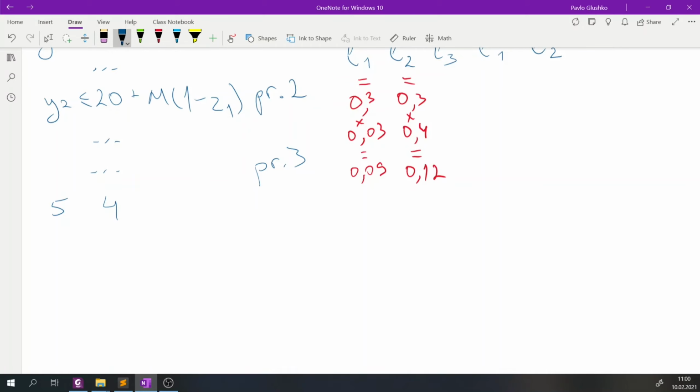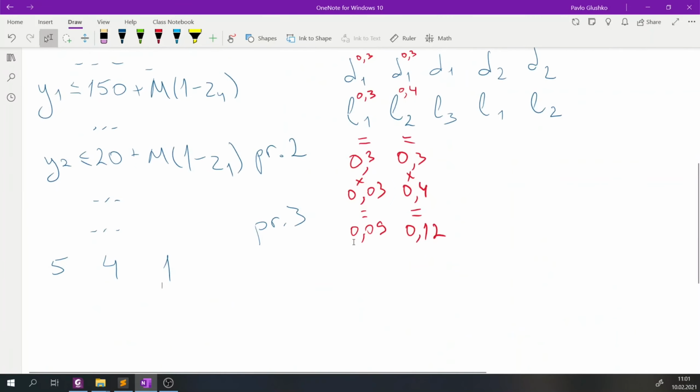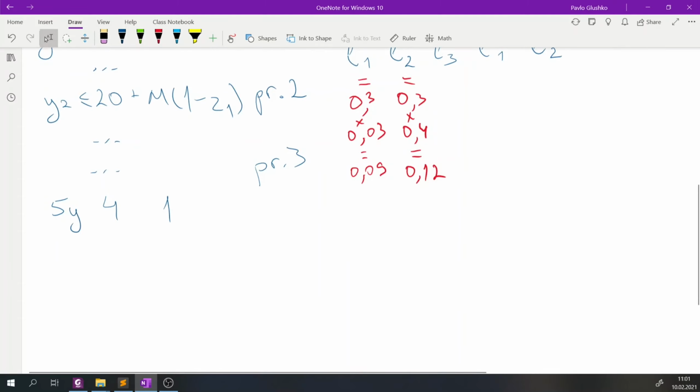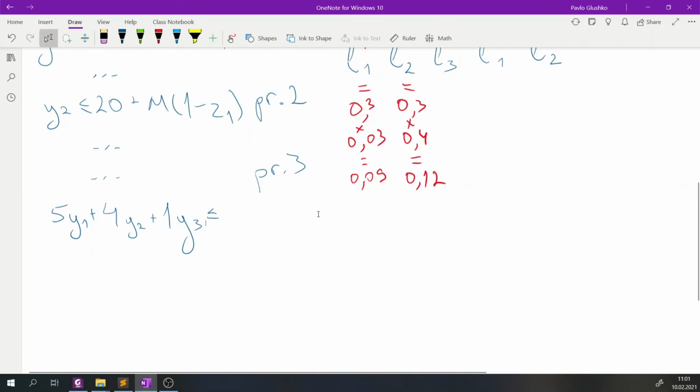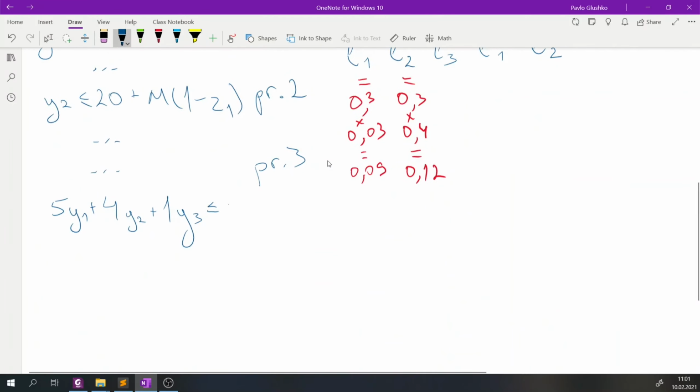These are coefficients, and as the decision variables I take y1, y2, y3, which should be less or equal to the available amount. The available amount doesn't change according to scenarios. It's still x1, and then again plus M times 1 minus z1.